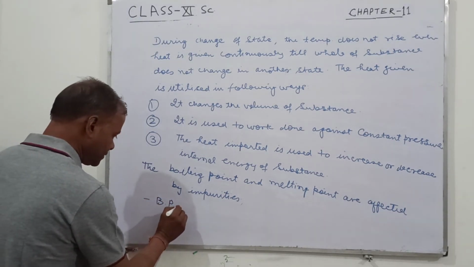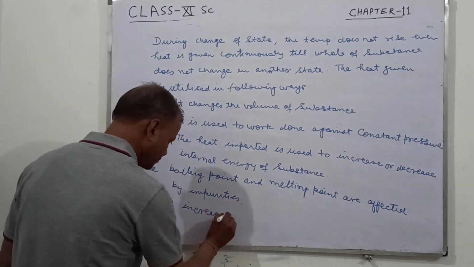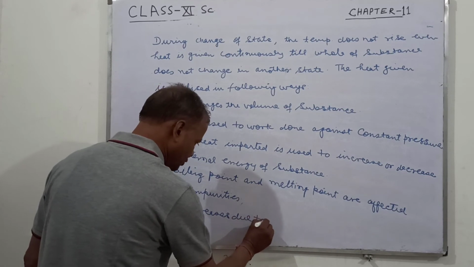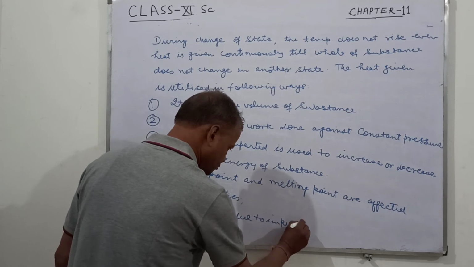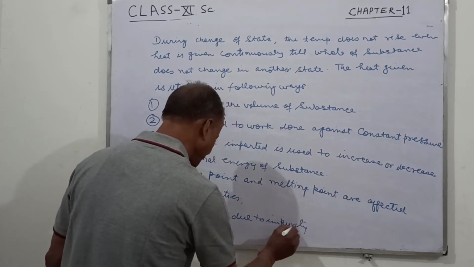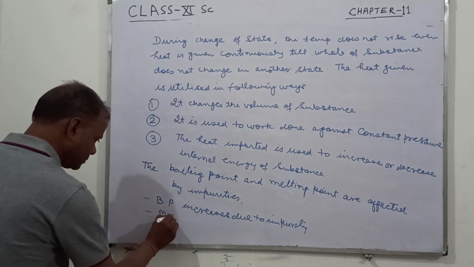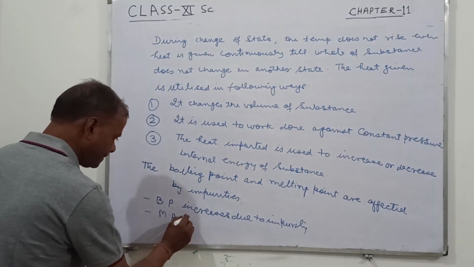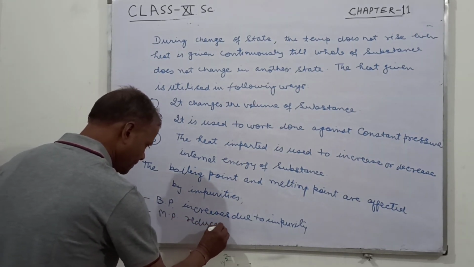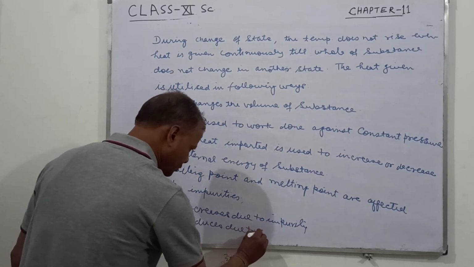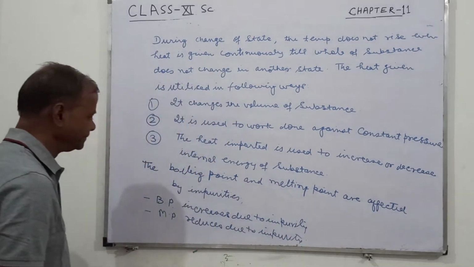Boiling point increases due to impurity, and melting point decreases or reduces due to impurity.